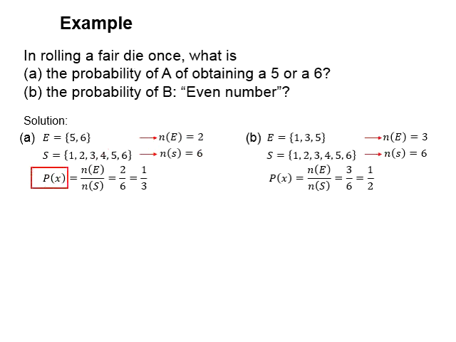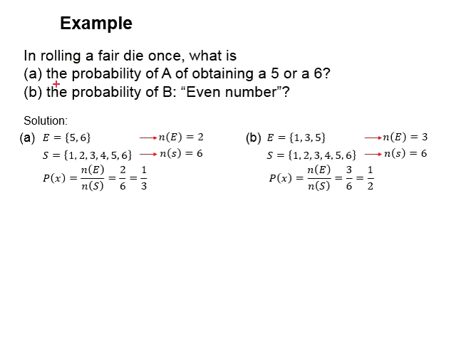The probability of A will be equal to the number of events divided by the number of space, which is equal to 2 divided by 6. Simplify the fraction, and you will get the probability of 1/3.